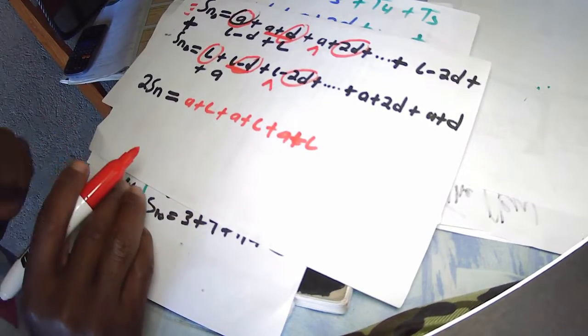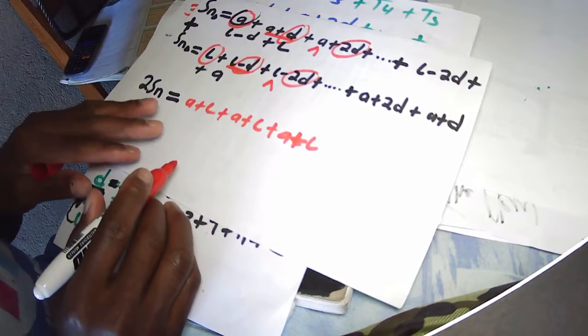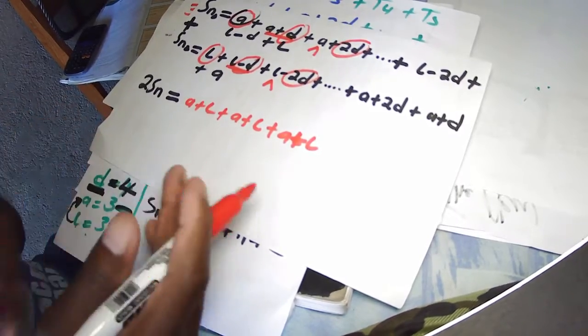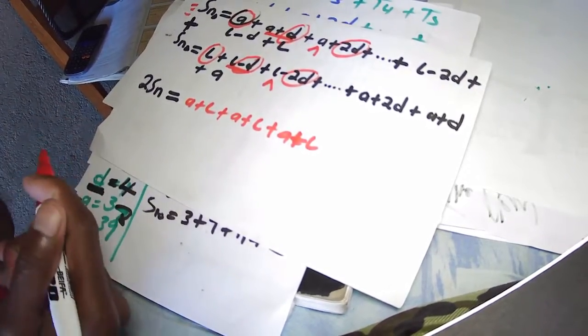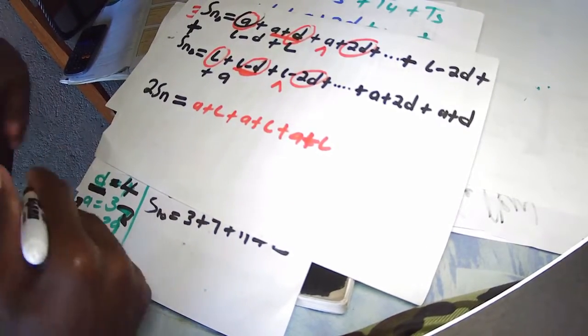So we find out that we are only going to receive a plus l, a plus l, a plus l continuously, for some number of terms.